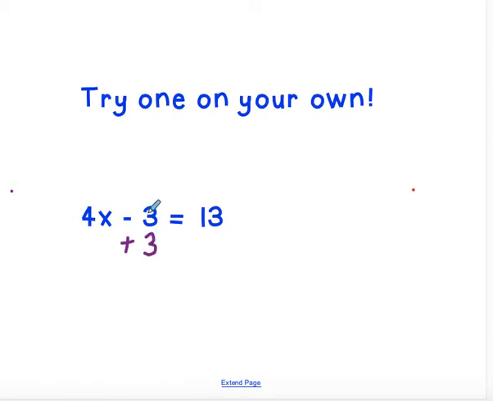It's like we're trying to get back to 0. If we're at 3 below 0, negative 3, we can add 3 more and we'll get back to 0. We do that over here, we have to do that over here, add 3. Okay, so these two are going to cancel out. We're left with 4x equals 16.